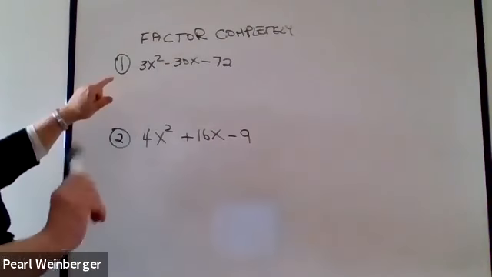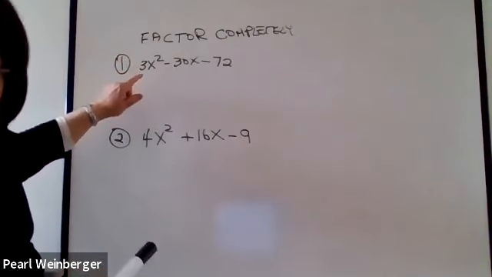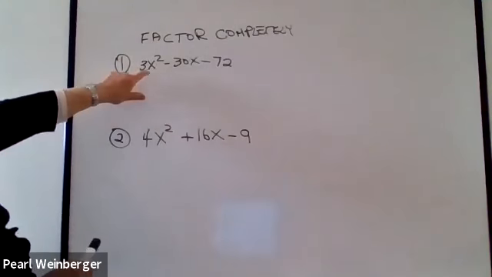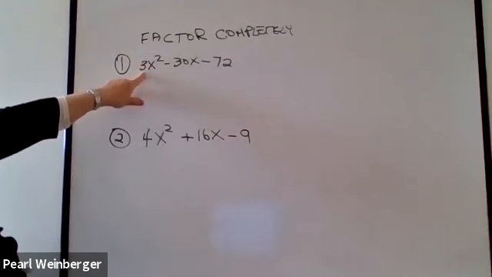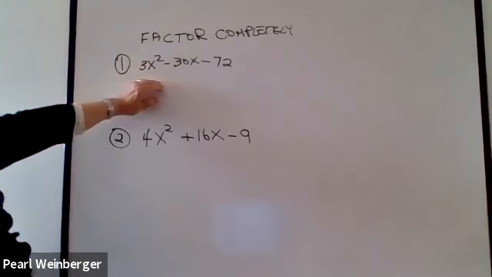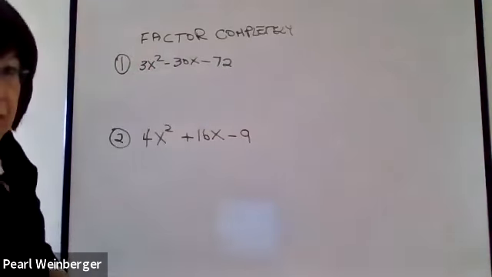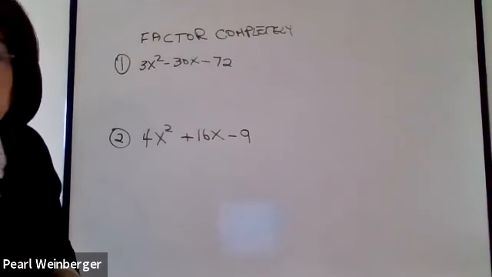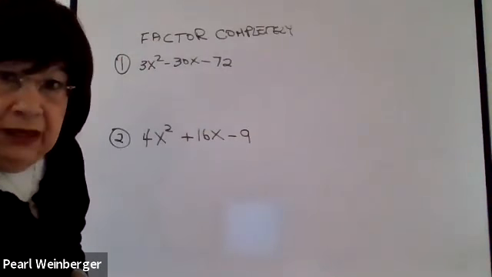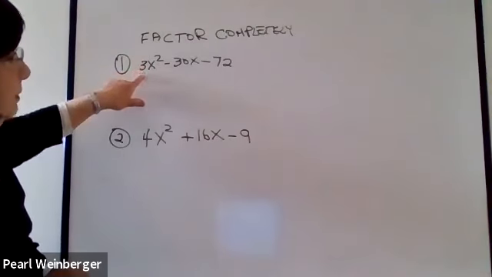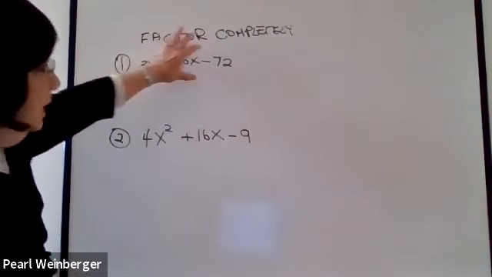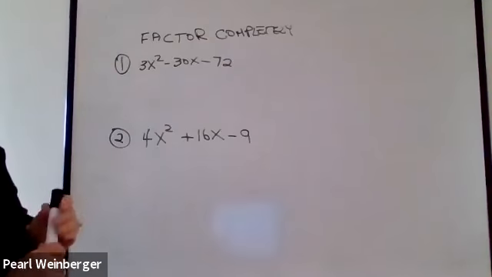Now, I noticed somebody, I think it was Devana, who did this totally correctly. The first thing you look for before you start any other work is: is there possibly a common factor? Is there a number or a letter that goes into every single term?